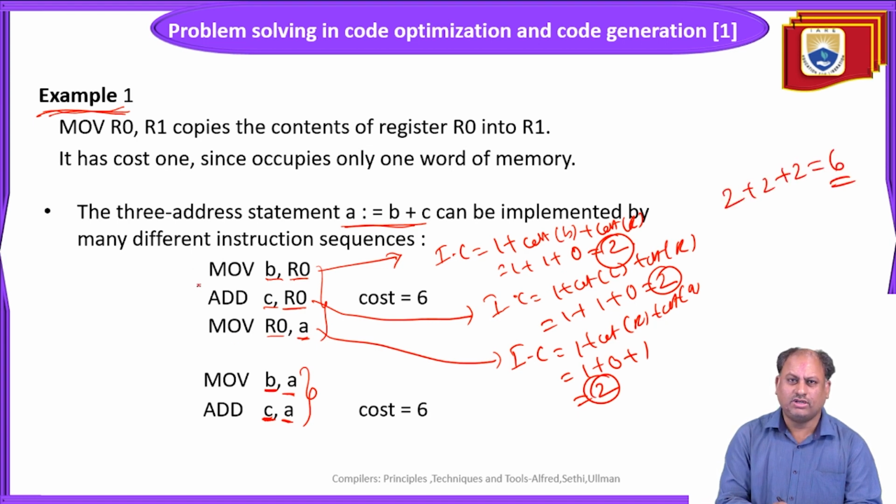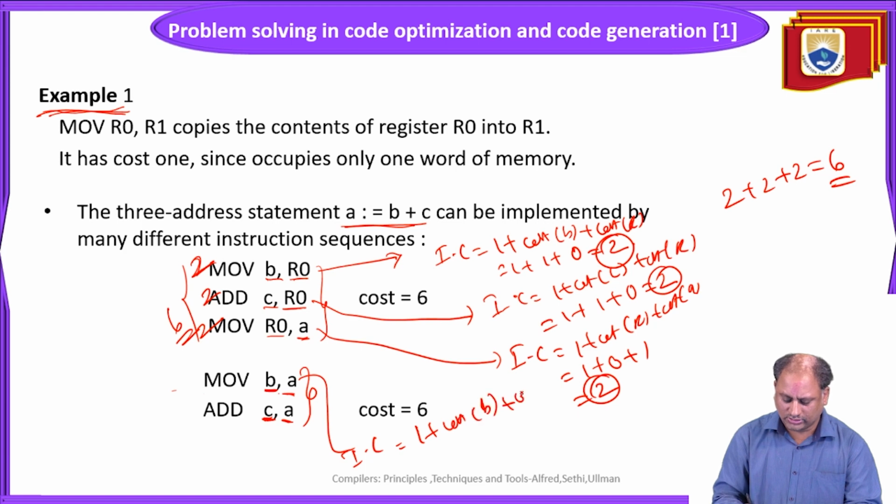So the individual instructions each cost 2, and together we get a cost of 6. But if you observe the other case, instruction cost equals 1 plus the cost associated with B plus the cost associated with A. Now that is equal to 1 plus 1 plus 1, that is equal to 3.